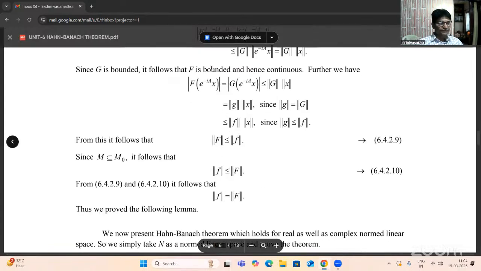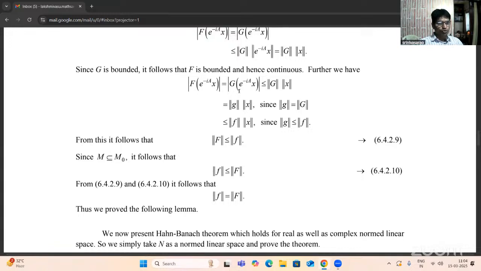So students, listen carefully. Given the function is bounded and continuous, so according to this, you must apply the same manner on the real linear space. It follows that norm F less than or equal to norm small f.